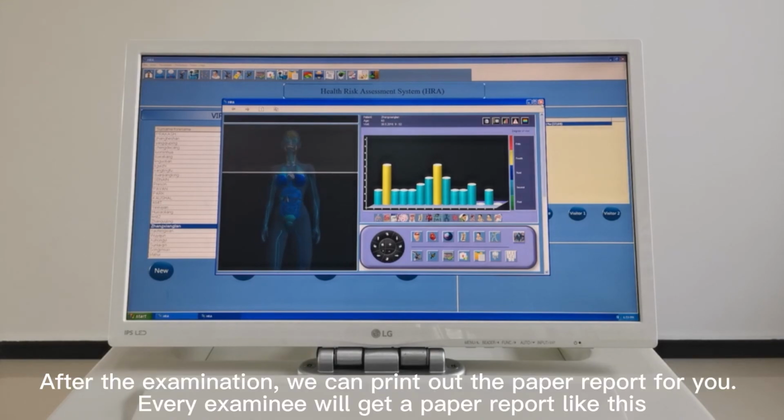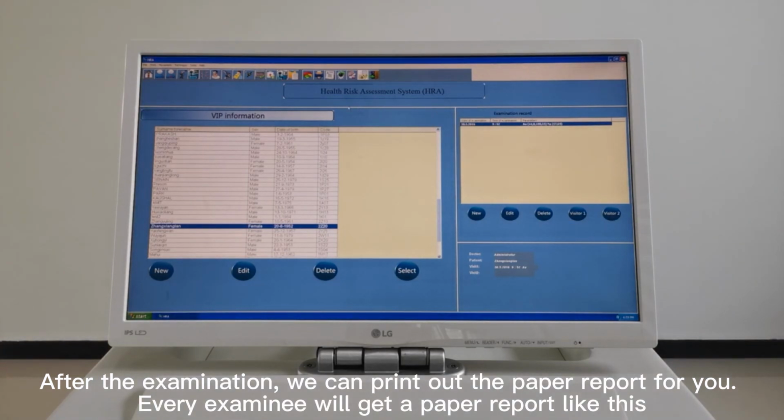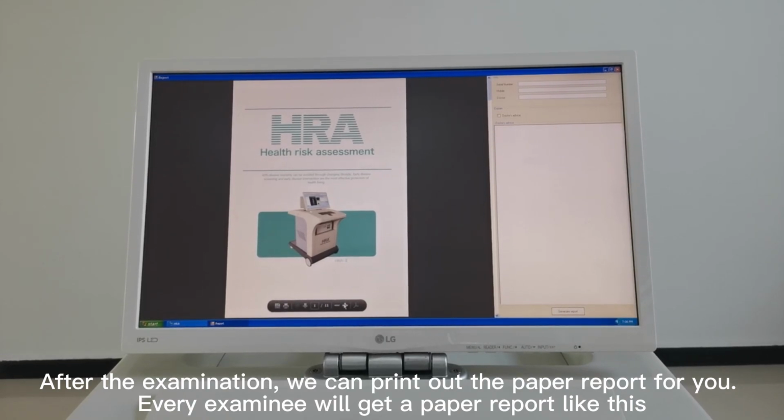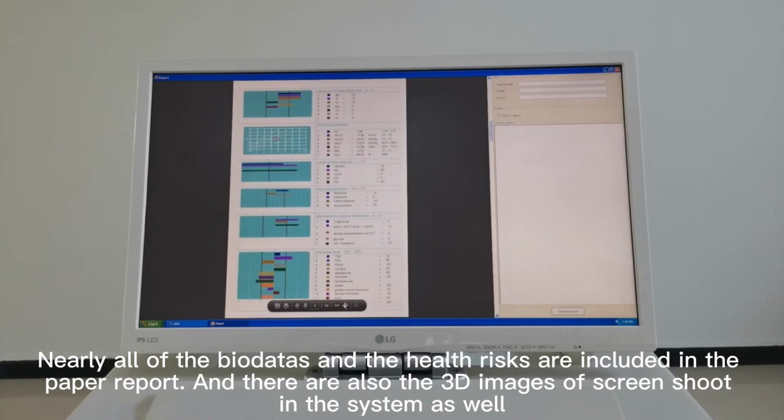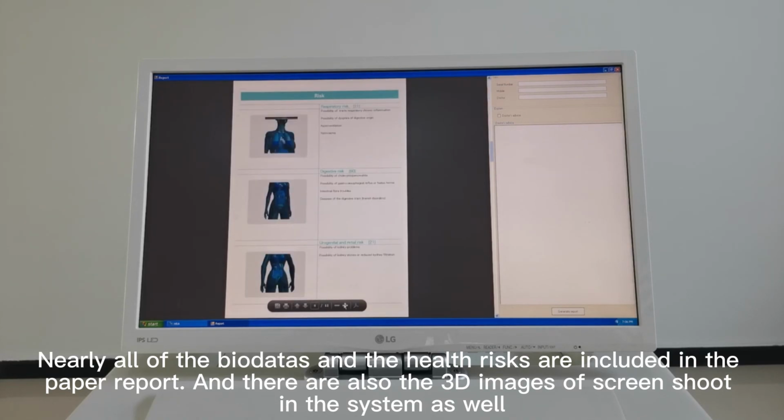And of course, after the examination, we can print out the paper report for you. Every examinee will get a health report like this, and nearly all of the biodata and the health risk information are included in the paper report.